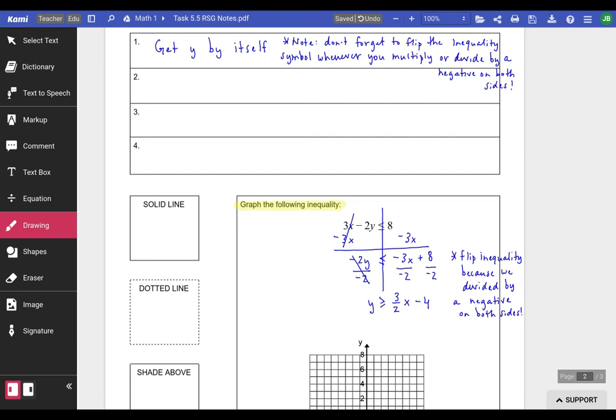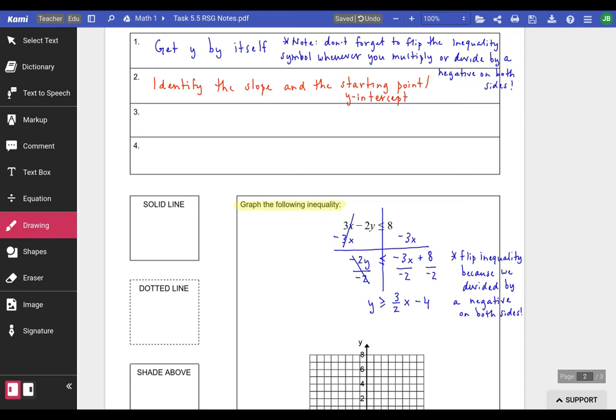And step 2 is to identify the slope and the starting point. And I'm going to say the starting point or y-intercept, depending on which form our equation is in. So we're either looking for a slope and a starting point or the slope and the y-intercept.